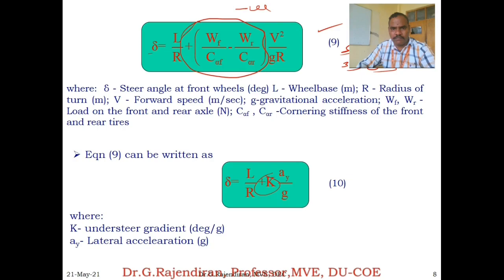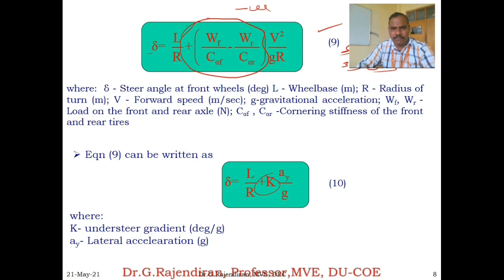Now, already L by R is there. Delta is equal to L by R plus K into V square by gR. So when K is positive, this second term is increasing with the vehicle speed.